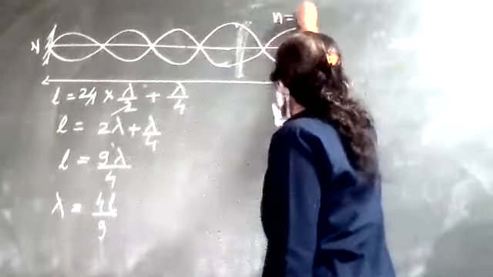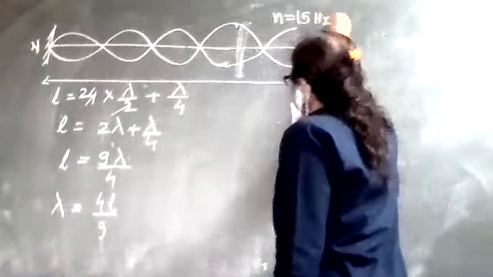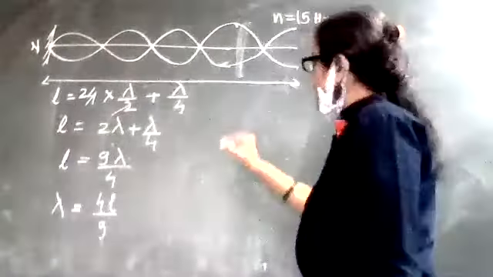Now one more thing you have been given: the frequency. Frequency is given as 15 Hertz. So I use the formula for velocity: velocity is equal to n lambda. Velocity is 15 multiplied by the wavelength. Lambda is 4L by 9. And how much is the given length of the wire? The length of the wire is given as 1 meter.